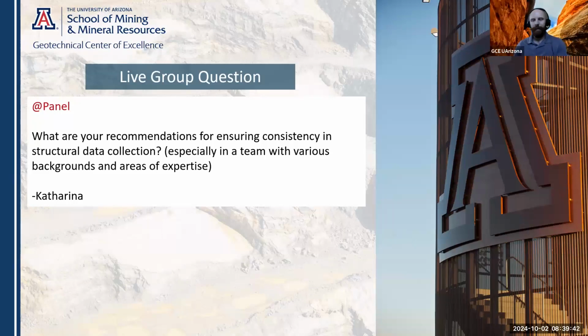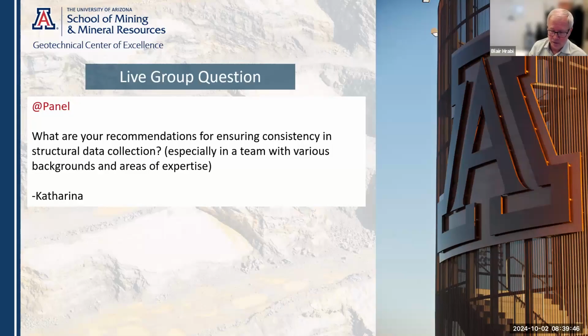Excellent. Yeah. And to Graham's previous point, to be able to allow this, things like a core library or a photograph library of all the variation within what you're going to call a specific feature is really critical to have, so that people have visual representations that they can refer back to.